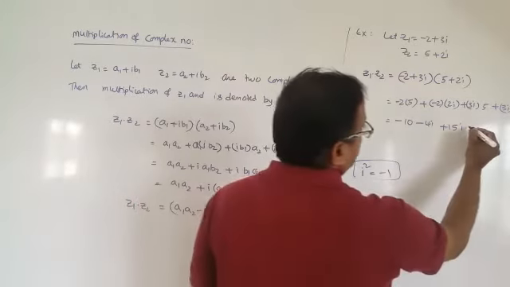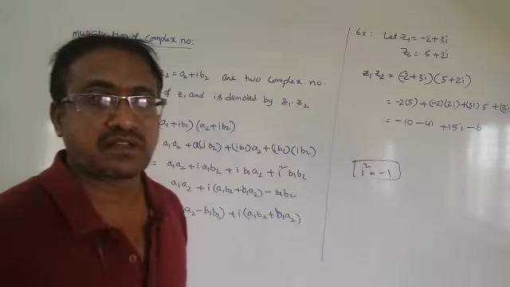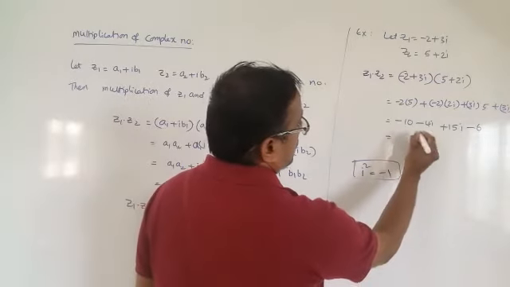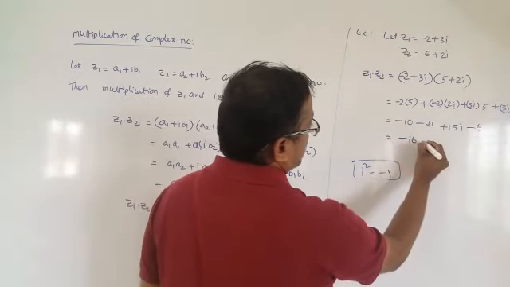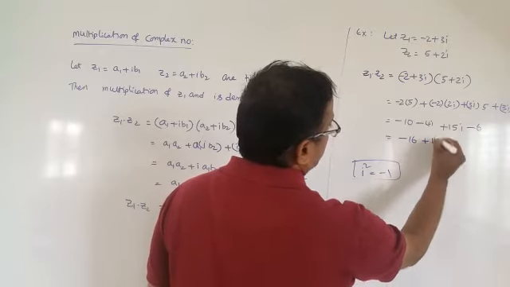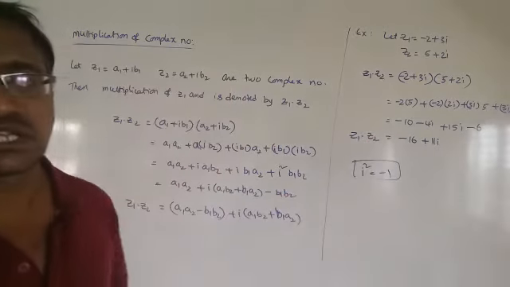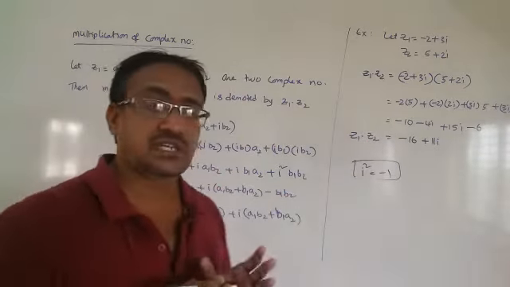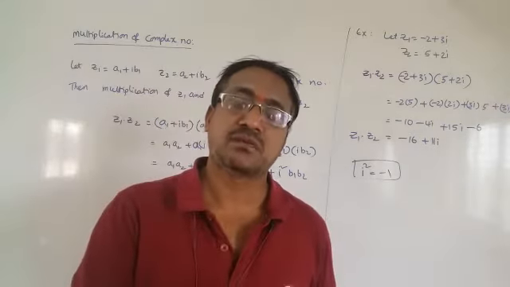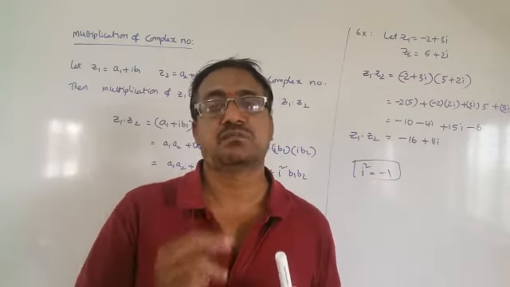So it will be minus 6, since i square is minus 1. Now minus 10 minus 6, so that is minus 16, plus 15i minus 4i, it will be 11i. So z1 into z2 is equal to minus 16 plus 11i. Remember that, which is again a complex number. So the product of two complex numbers is again a complex number.